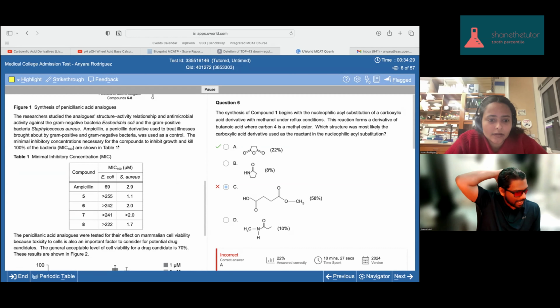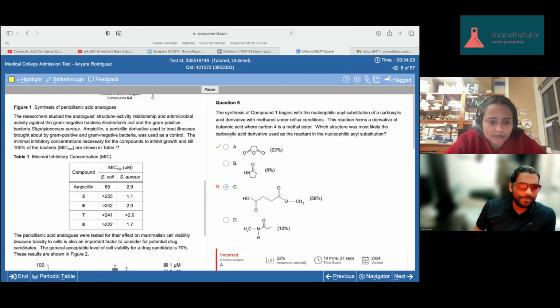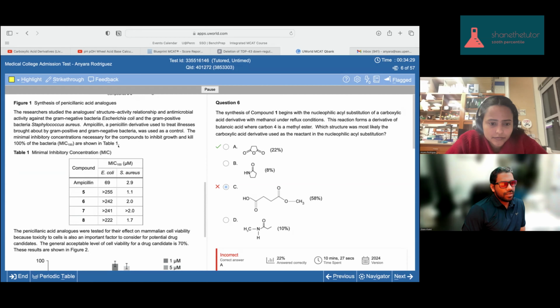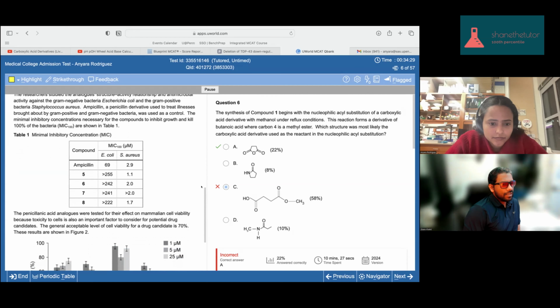Okay, and then we have a table. They're using penicillin derivatives here, and then we have E. coli, which is gram negative, and staph, which is gram positive, and we're measuring the MIC 100 in micromolar. So tell me what we see here.